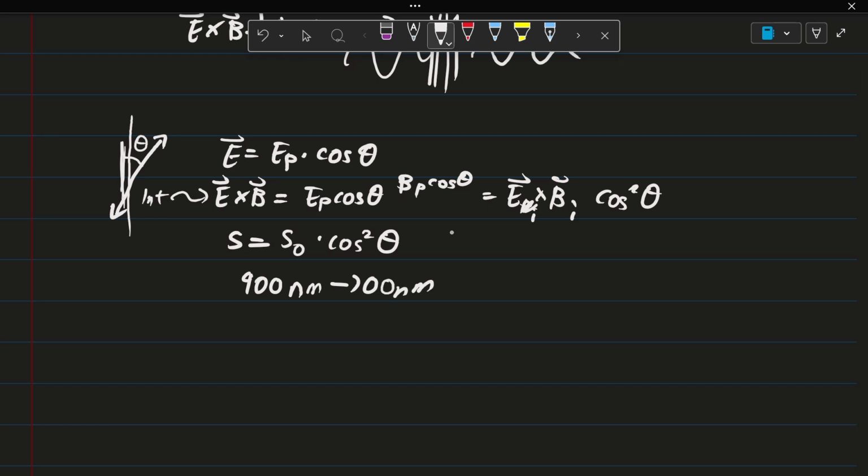For values above 700 nanometers, you get long waves, something like radio, microwave, as well as infrared. And for values lower than 400 nanometers, there are UV, X-rays, and also gamma rays.